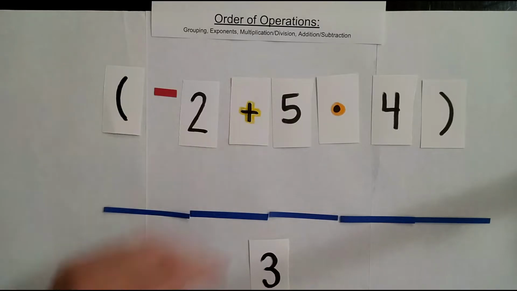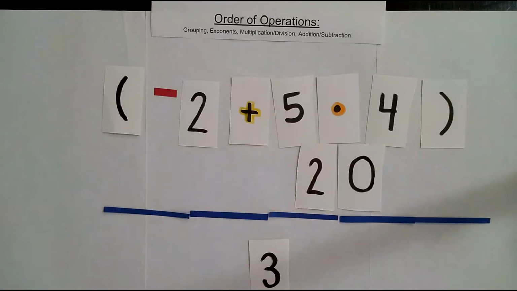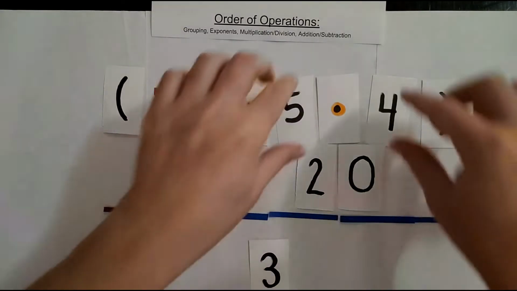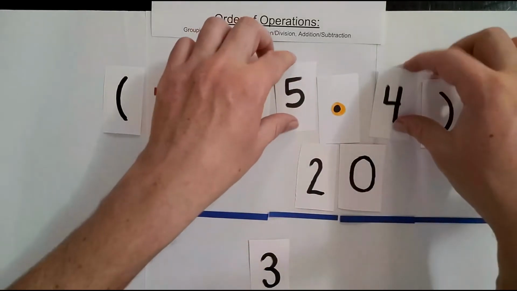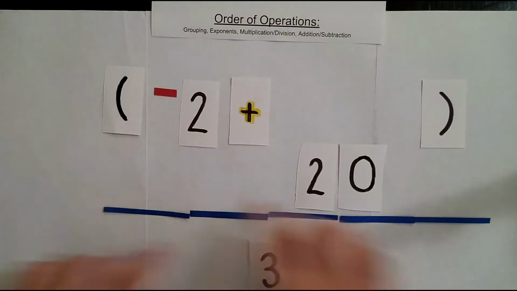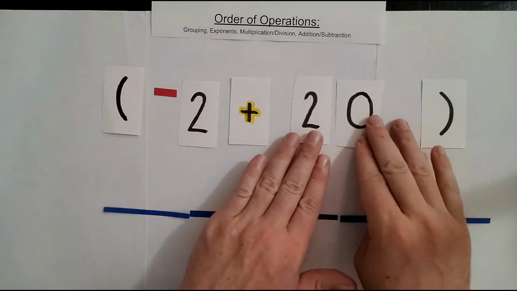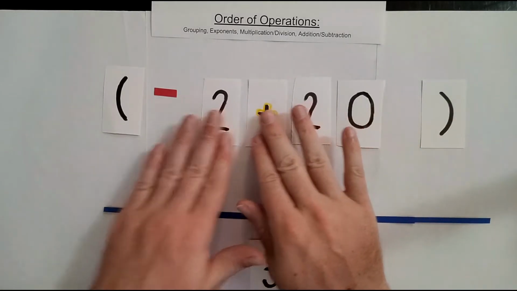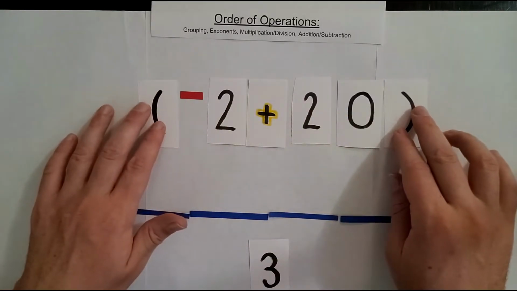So 5 times 4, that should give us 20. So we take the 20 and we replace the 5 times 4. So the 5 times 4 goes away, the 20 goes in its place. So already this is looking a lot simpler.